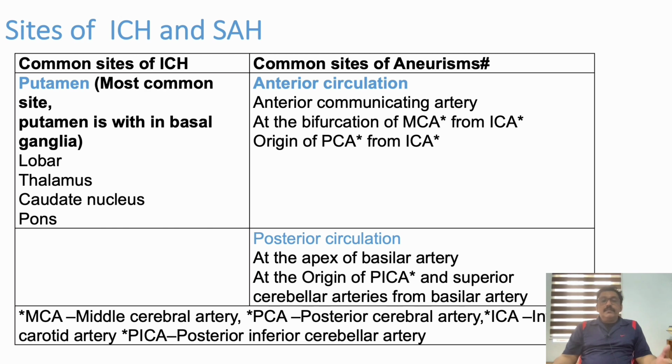But what we have to remember is there is a difference between anterior circulation bleed and posterior circulation bleed. Anterior circulation bleed, if it is a large bleed, can have pressure effects. But in posterior circulation bleed, even if it is a small bleed, it can produce pressure effects. So in a patient who is having a posterior circulation stroke, however small it is, the patient should go to the ICU. That is very, very important.